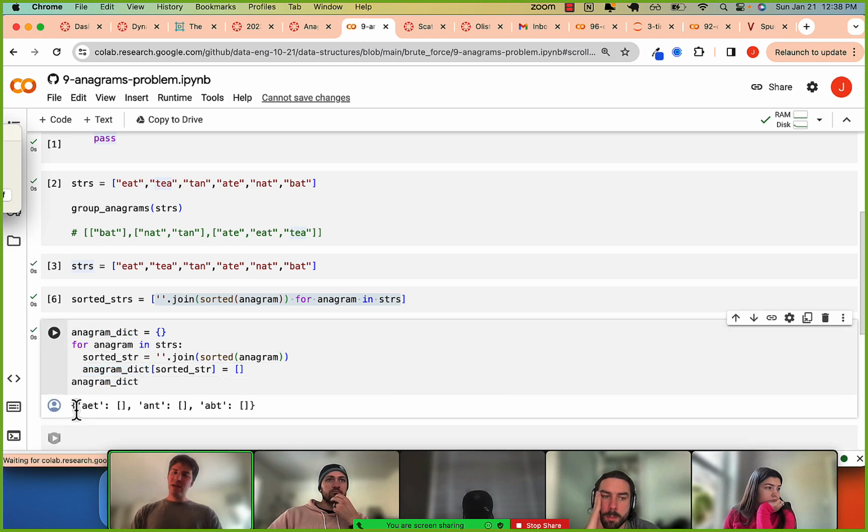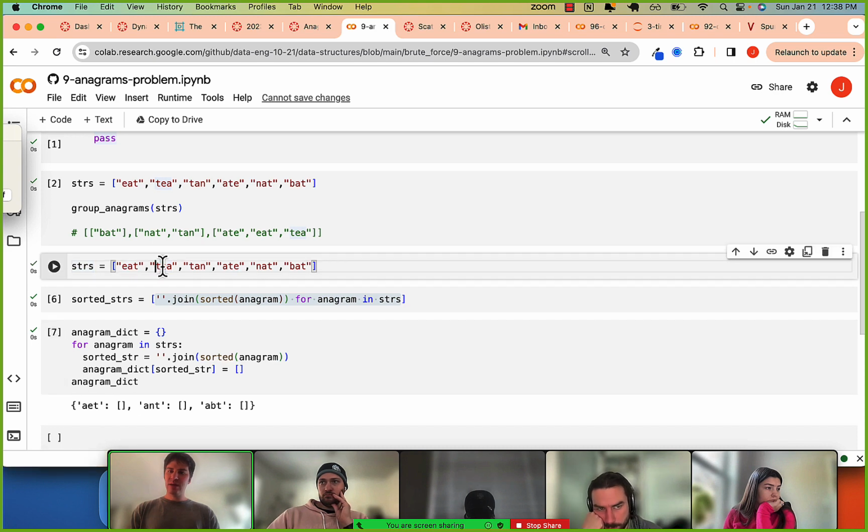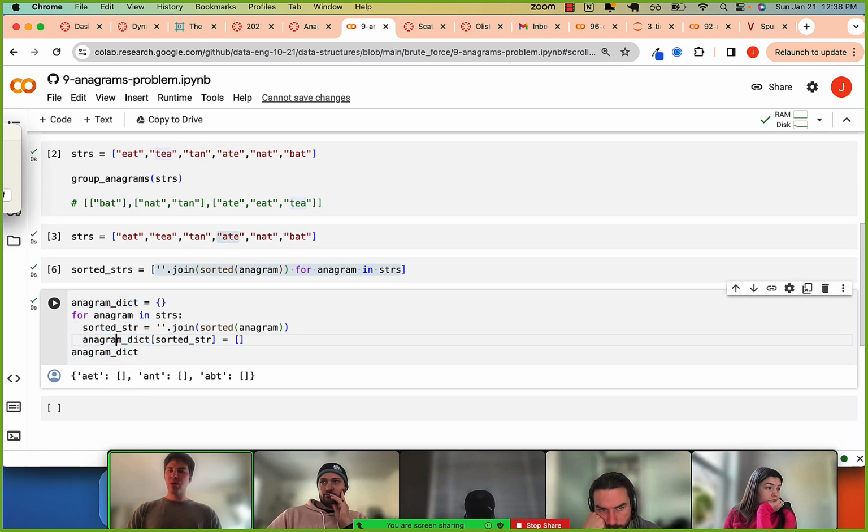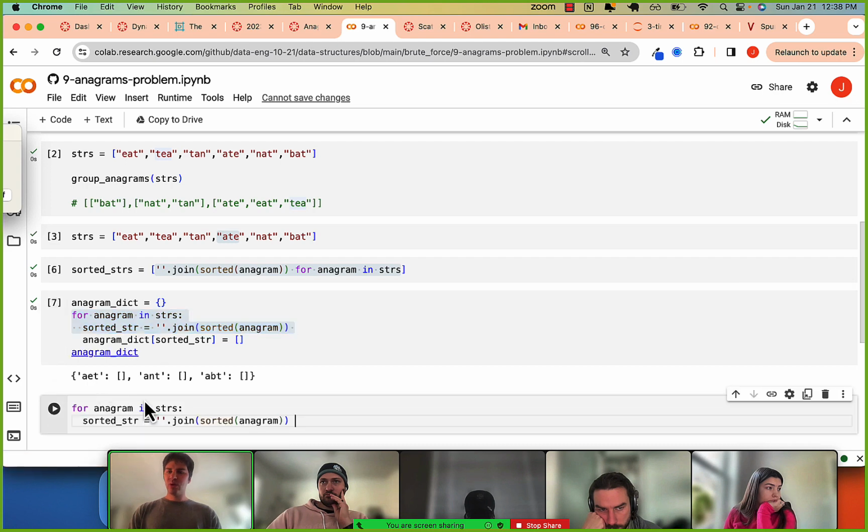So now I have each of the signatures and a list. And now what I want to do is populate this list with each of the corresponding words, so that AET has eat, tea, and ate. So how do you do that? Well, you just go through this again, get the sorting, and then just assign it.